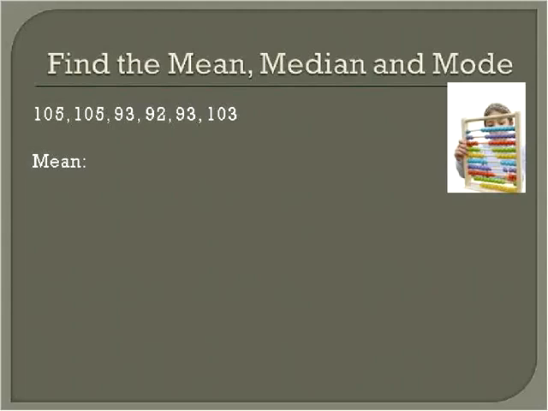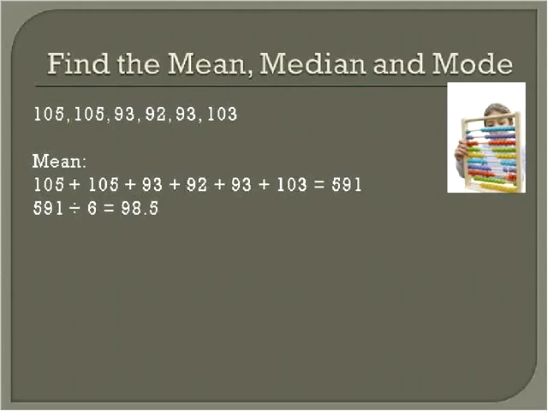Let's go ahead and do an example of finding all 3. We're going to find the mean, the median, and the mode of this list of numbers here. First, we're going to find the mean. To find the mean, we add up all the values together, and then we take that number, 591, and divide by the number of numbers, so 1, 2, 3, 4, 5, 6.